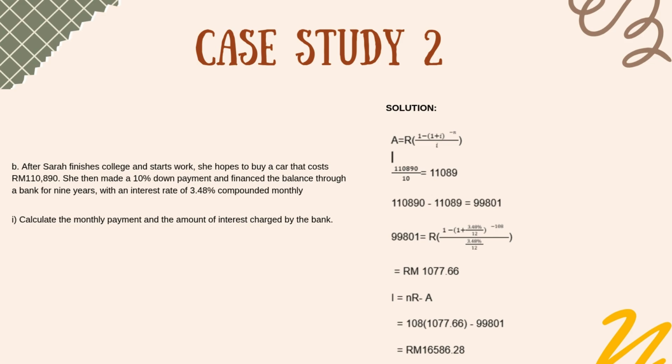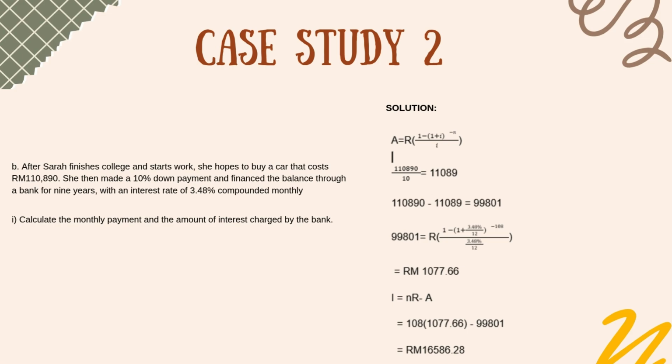Substituting the values, 99,801 equals R multiplied by [1 minus (1 + 3.48% divided by 12)^(-108)] divided by 3.48% over 12. After calculating, we get R equals 1,077 ringgit and 66 cents.